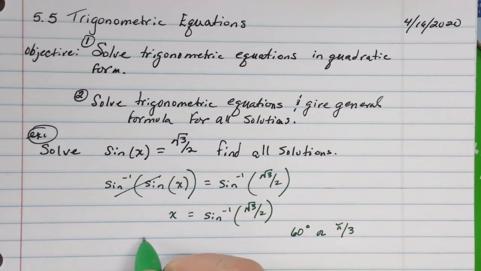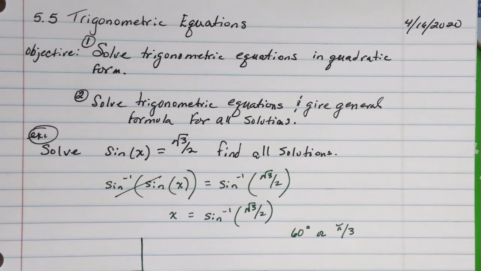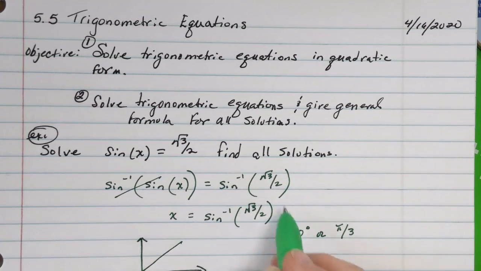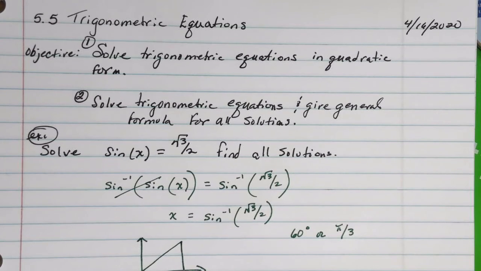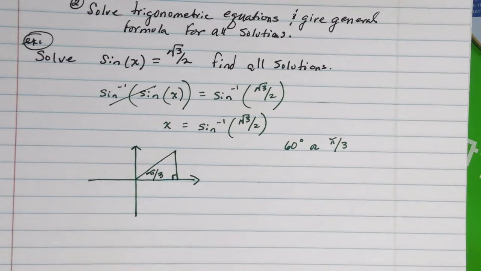We want all solutions. So what this is telling you is, because it has a restricted domain, it's telling you one solution. It's telling you the solution that is in quadrant 1, because it's positive. And I'm going to use radians because in fact we're going to end up being in radians. It's telling you the solution for this particular angle.